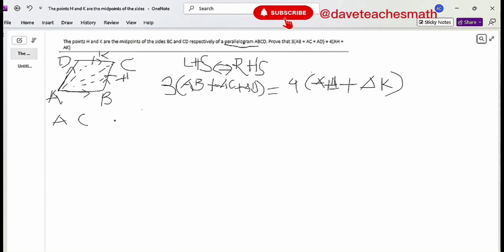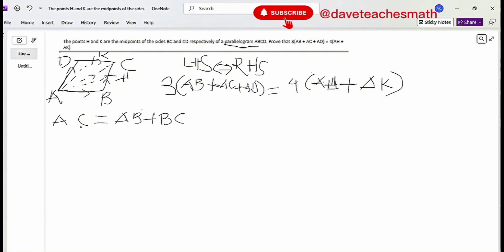For you to move from A to C, you have to move from A to B and then from B to C. In other words, A to C is equal to A to B plus B to C. So AC is equal to AB plus BC.